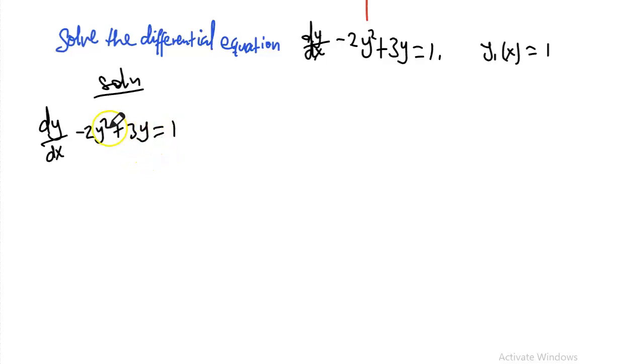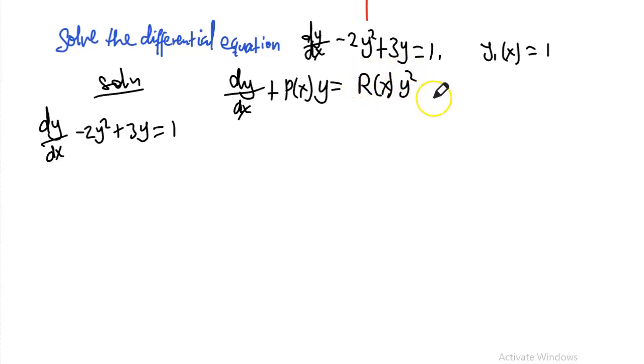Again, we will have to make sure that we have represented this equation in the standard Riccati differential equation form. The one I gave you before, we said that dy/dx plus p(x)y must be equal to r(x)y squared plus q(x). This is not in the standard form of a Riccati differential equation.